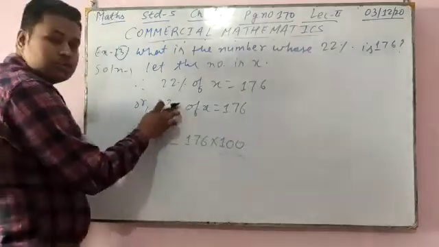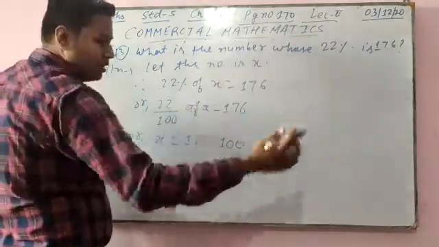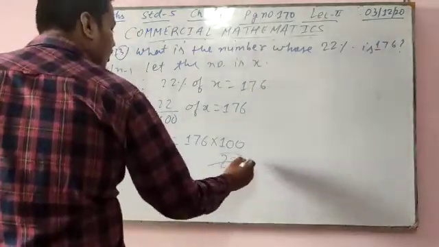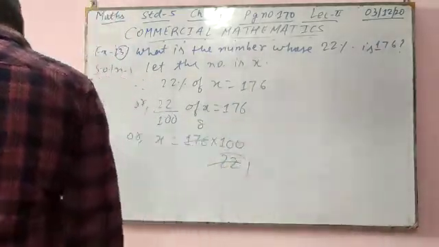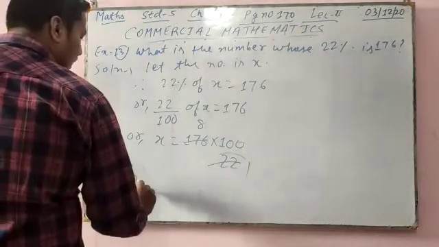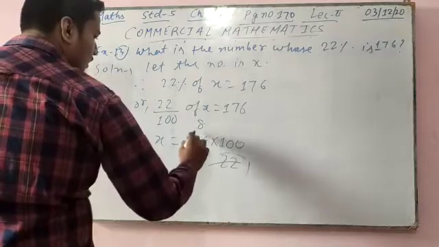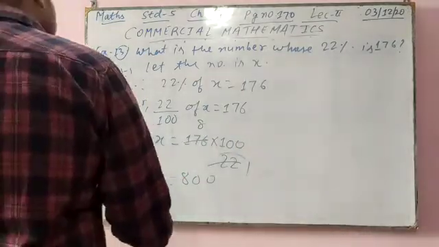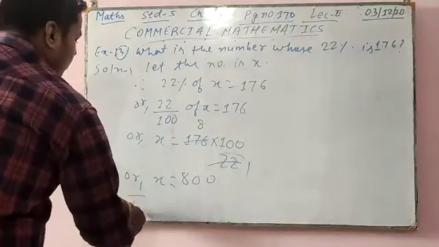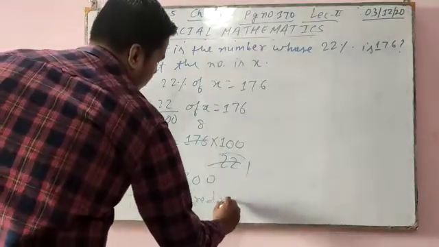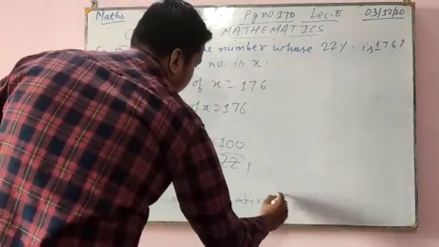And this 22 is in multiply, so when it comes this side, it changes into divide. Now proceed. 22 times 8 is 176. Therefore, x is equal to 8 into 100, 800. So the required number will be 800.